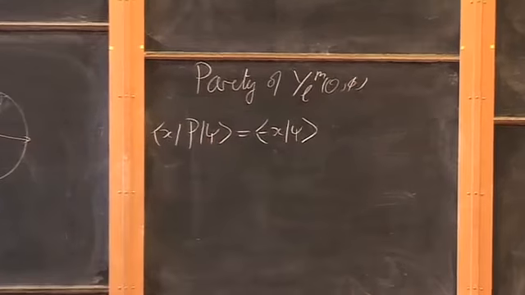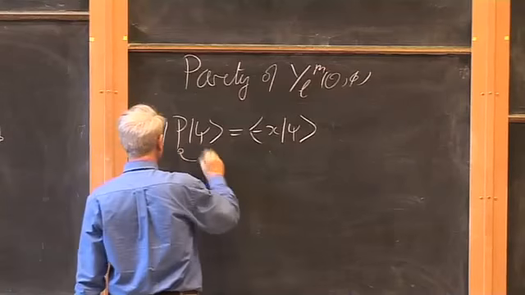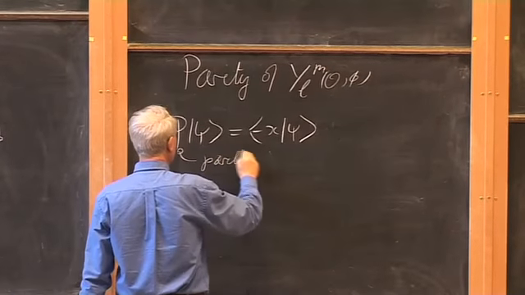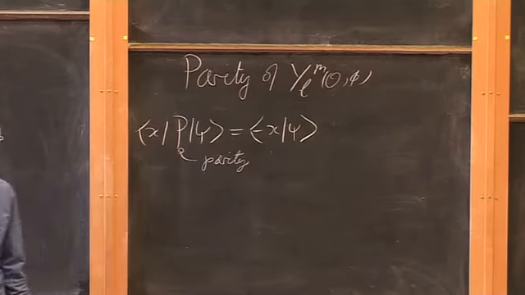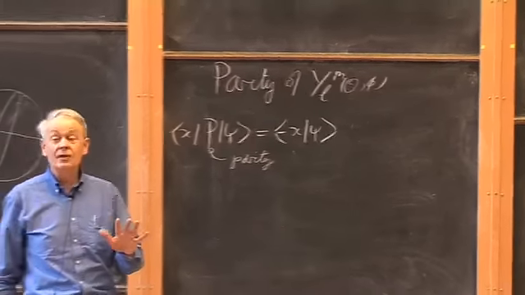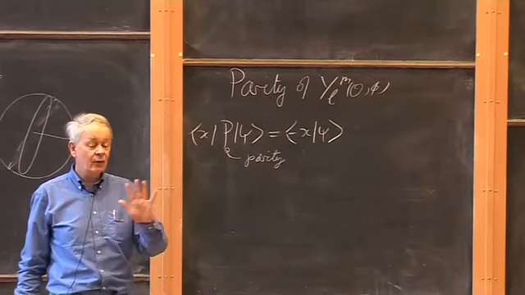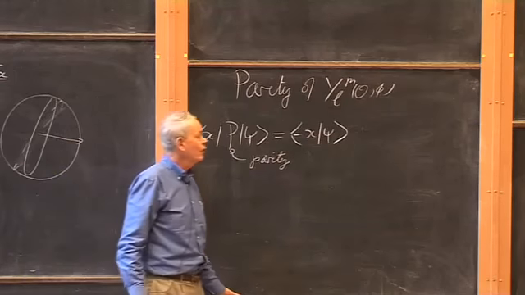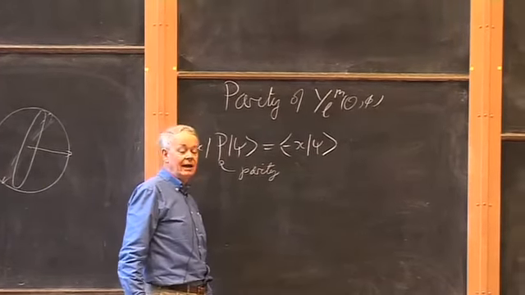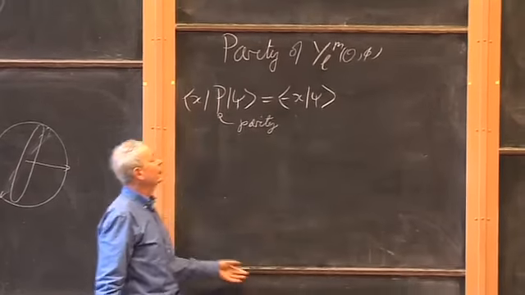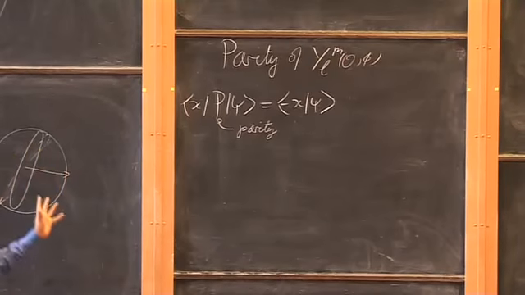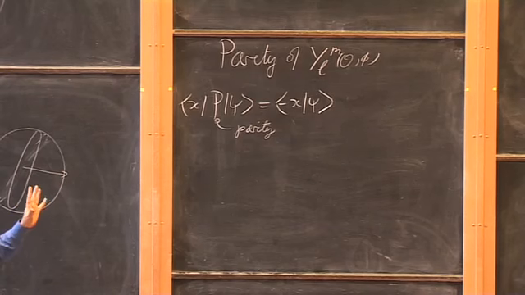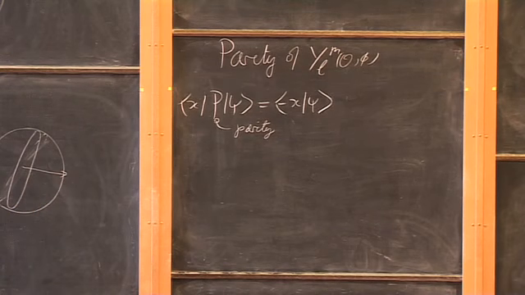That's the definition of the parity operator. And these states of well-defined angular momentum turn out to have well-defined parity. That's what we're about to show. And what's more, the parity is minus 1 to the L. So states of different angular momentum have alternating parity. Some are even parity, some are odd parity, and that's what we want to show.